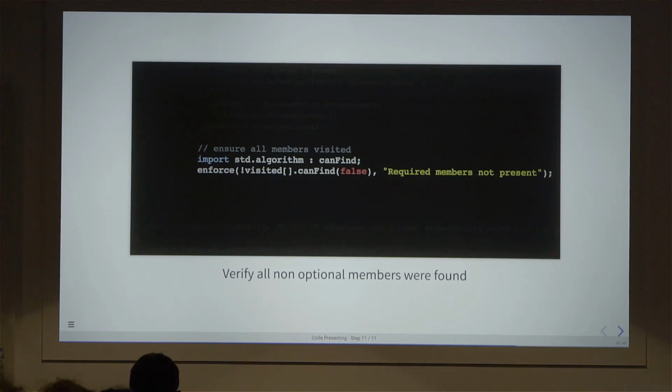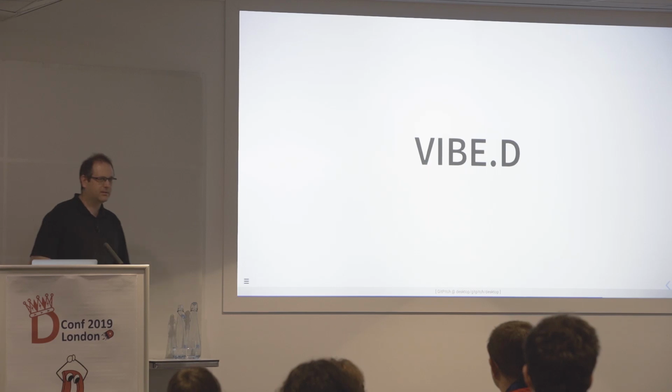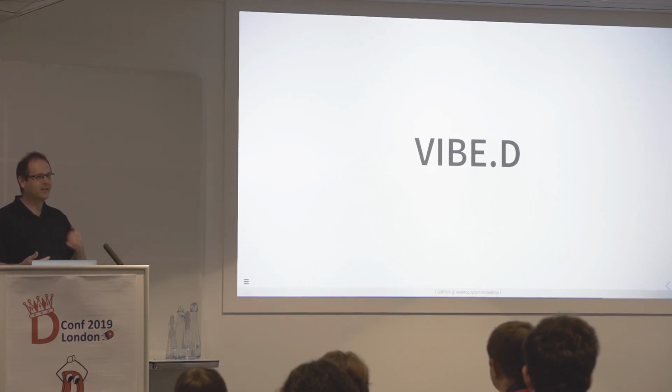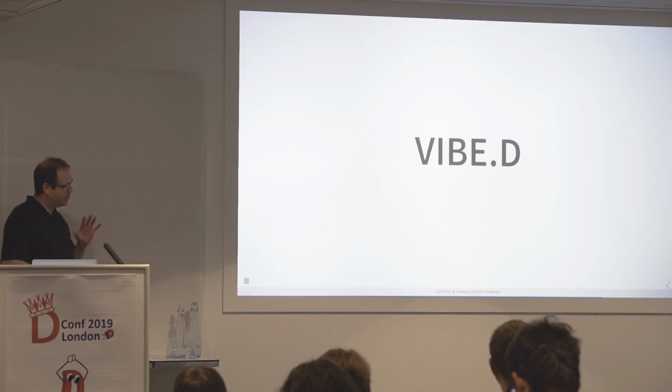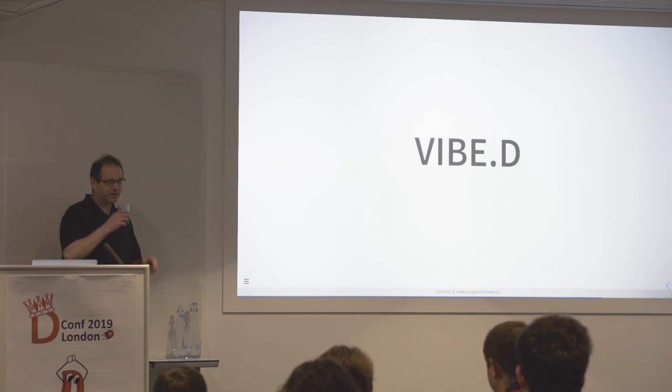If there's a false in there, then we say, you missed some members. And that's it. That's basically how easy it is to write a serializer. I find myself writing serializers all the time, just because it's so easy. But let's move to another type of generative code that's not serialization.